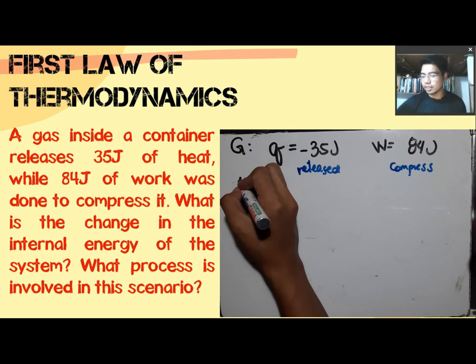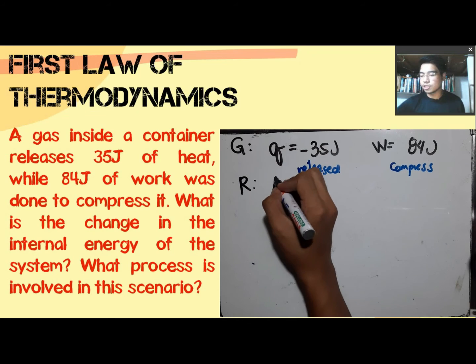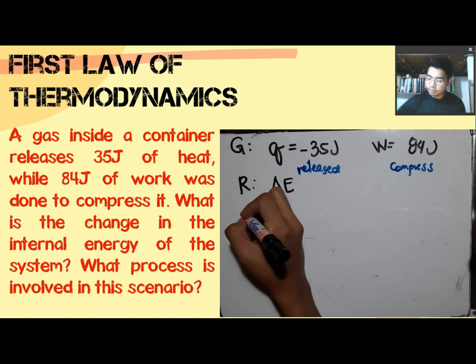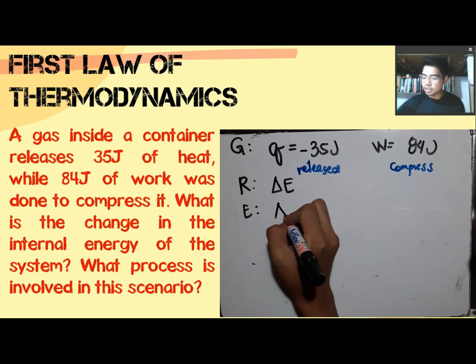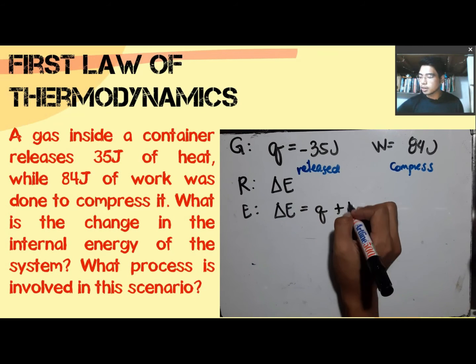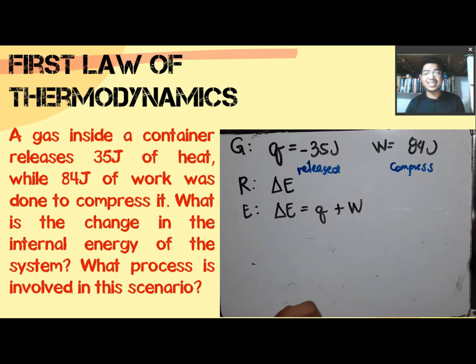Then the next one, we are now looking for the required, which is the change in energy. Then, our equation: change in energy is equivalent to heat plus work. Basically, this is just the formula that we are going to utilize for this problem.